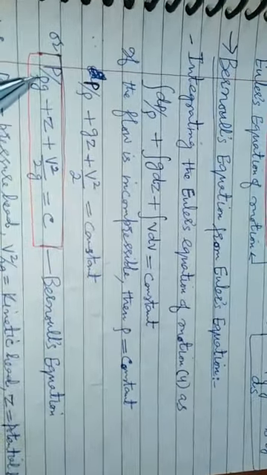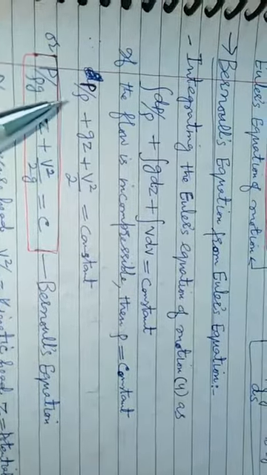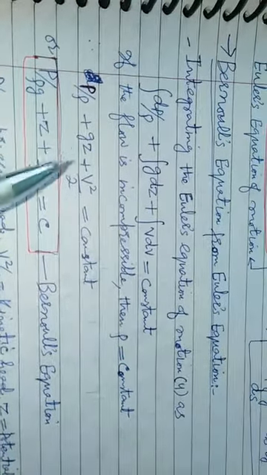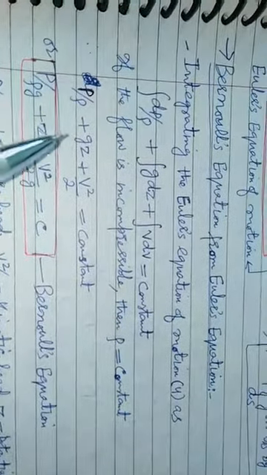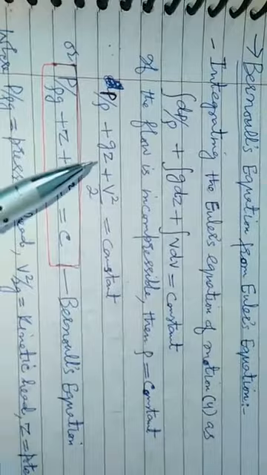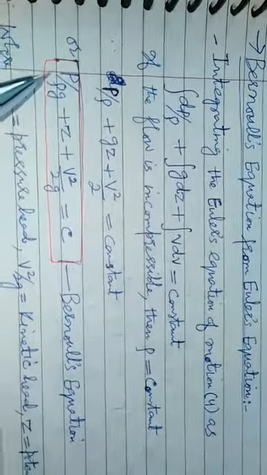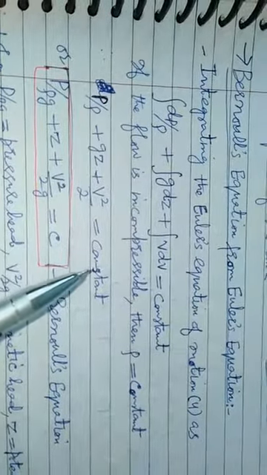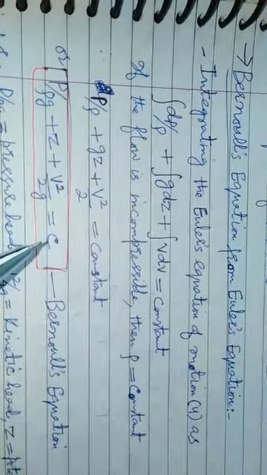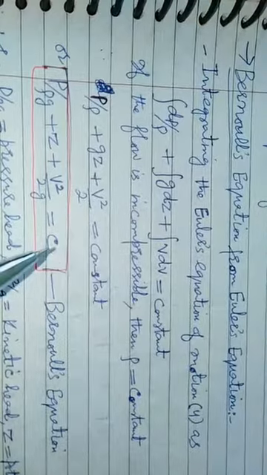Dividing the equation by g on both sides, this gives p by rho g plus z plus v square by 2g is equal to constant, because rho is taken constant.